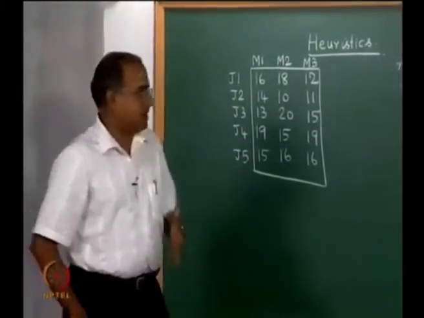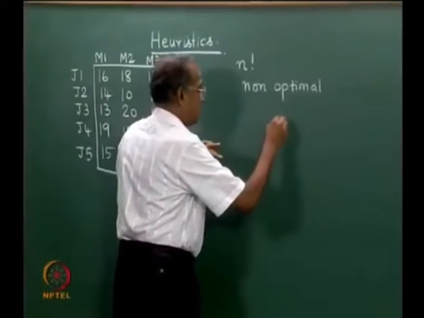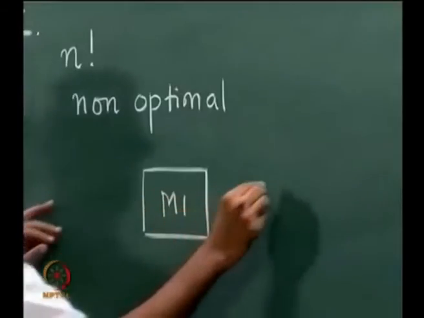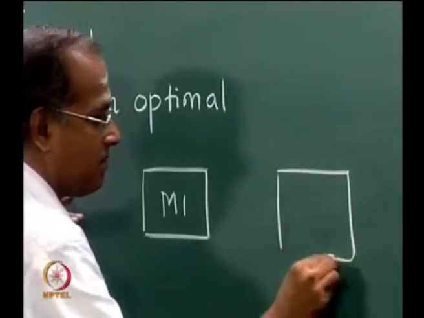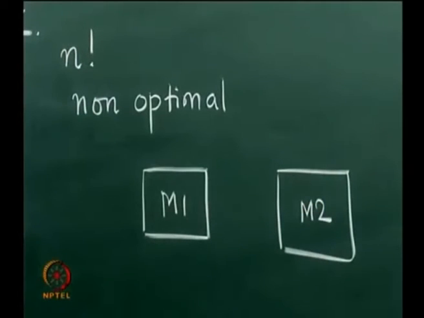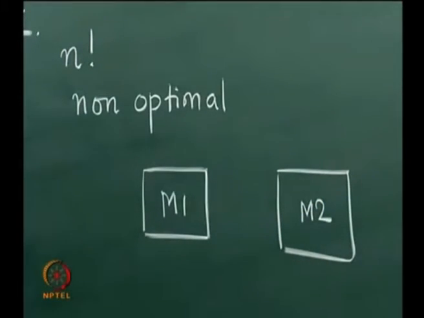Now, if we consider a 2 machine flow shop, which means we have M1 here and M2 here, and let us say we have only 2 jobs, J1 and J2.